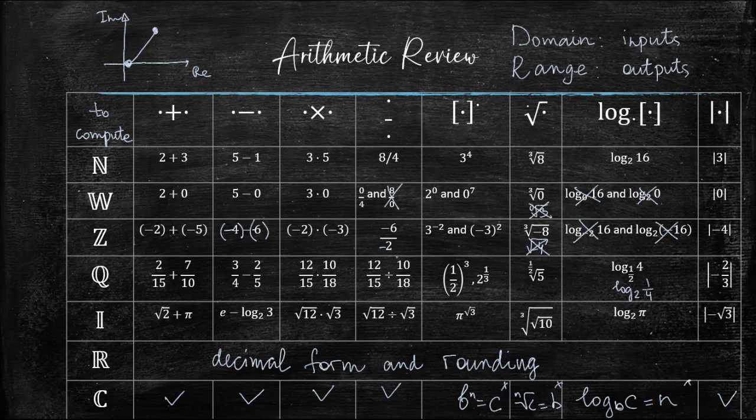So if you can find complex numbers that satisfy this equation, then you definitely know how to find the nth root of this number and log of this number, which is pretty cool. However, as I said, these are the only three computations that you may not be 100% comfortable with, as they are not trivial.